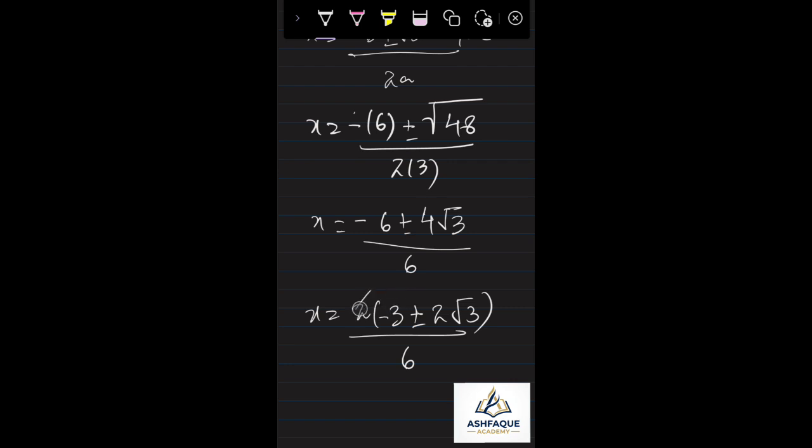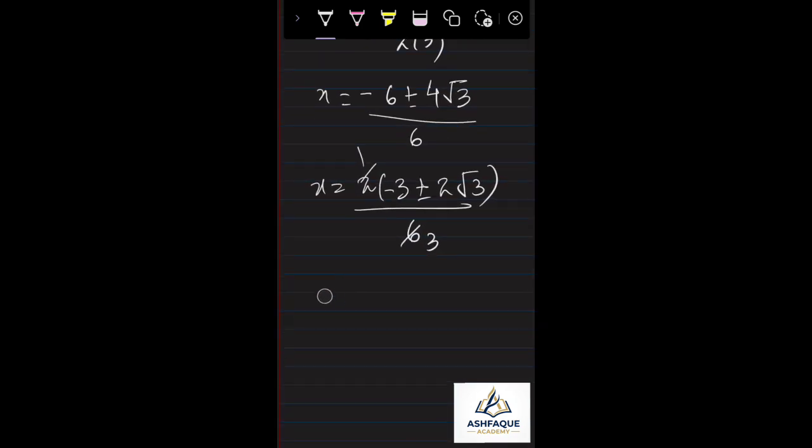So what we will have, 2 times 3 is 6. So x will be equal to minus 3 plus minus 2 under root 3 upon 3. That is the answer.